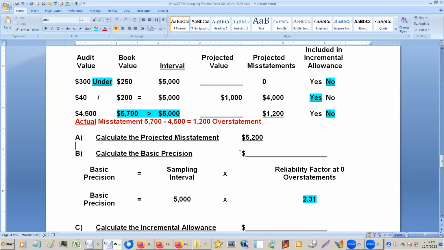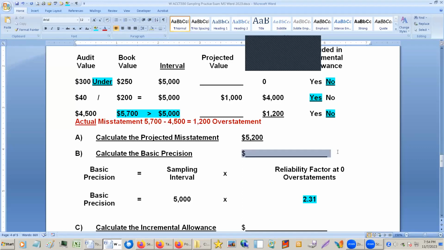Row 0 is because basic precision is at row 0: what could this be off by? And that's why we use row 0 for the basic precision. It's assuming that there aren't any misstatements.